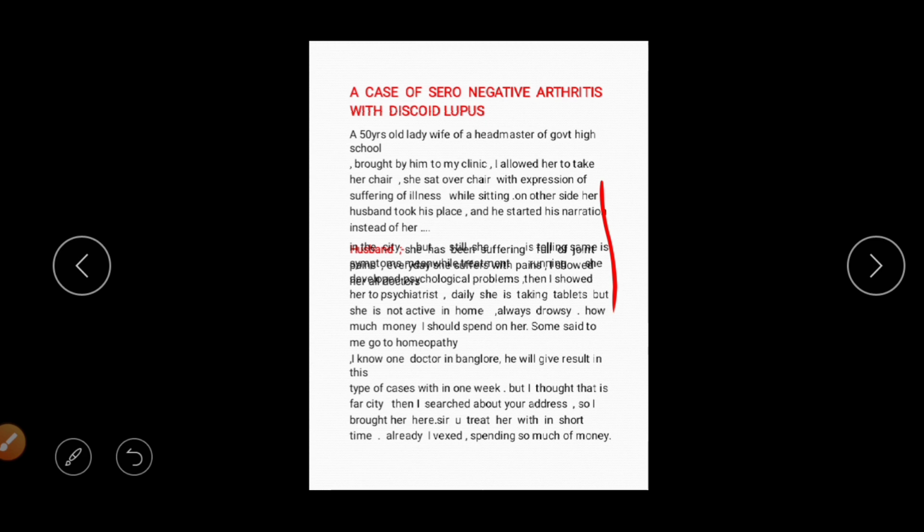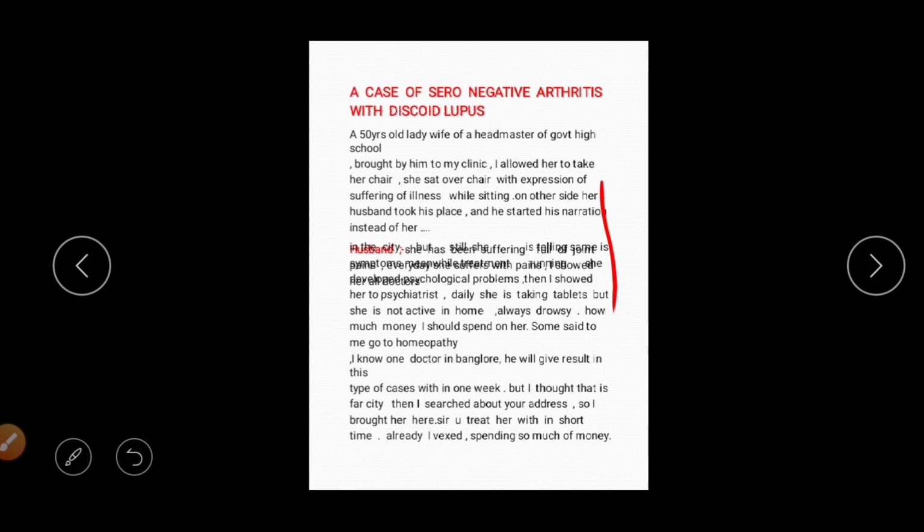While telling this, the husband showed so much frustration because she visited so many hospitals and so many doctors in the city, but the result was in vain. Though the husband was telling like that, she sat silently without a word from her.